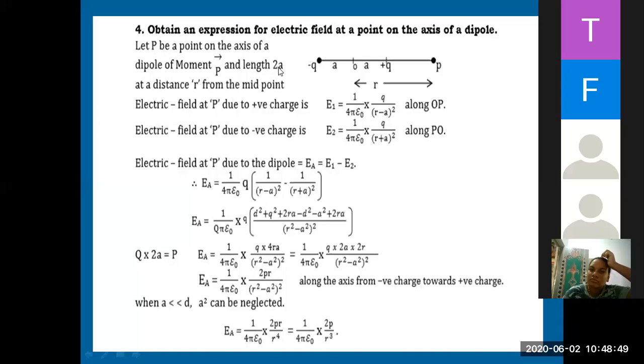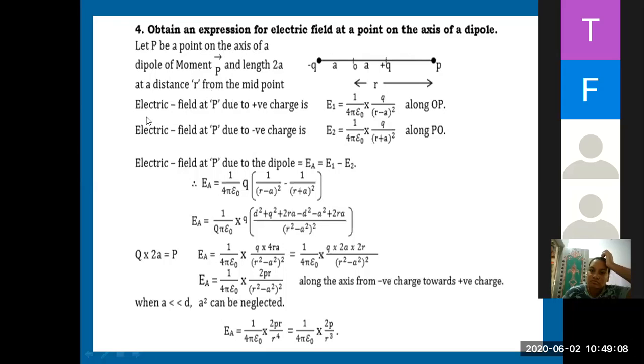Wherever you come across a dipole, distance of separation will normally be equal to 2a. And it should be at a distance r from the middle point. So you draw your diagram, you write this point. P should be a point on the axis, length should be 2a, and distance should be r.